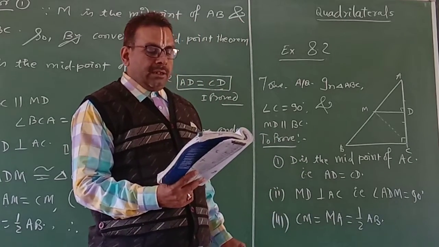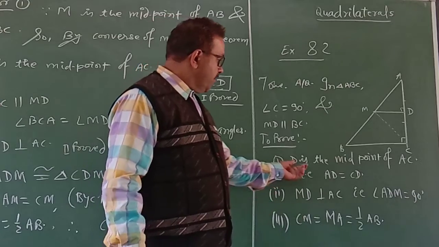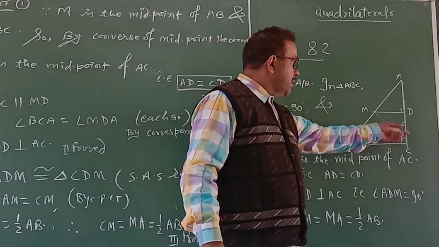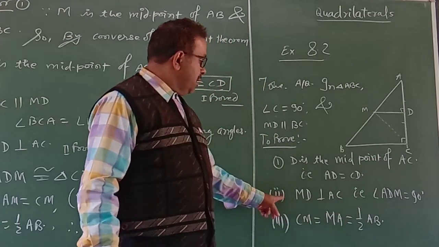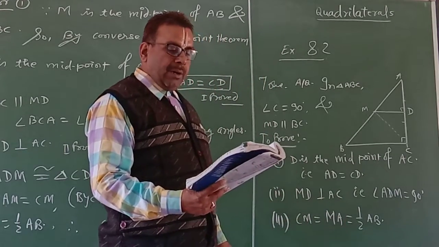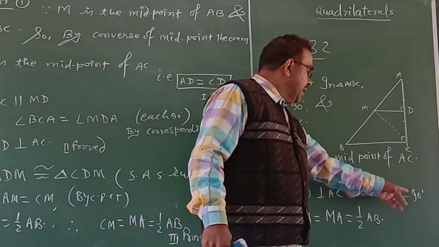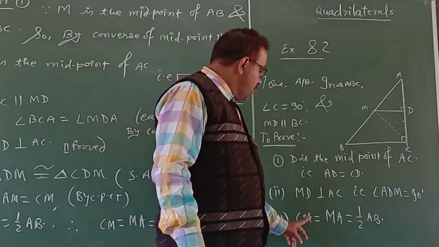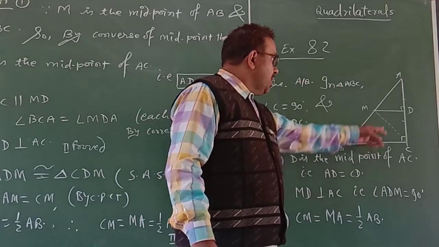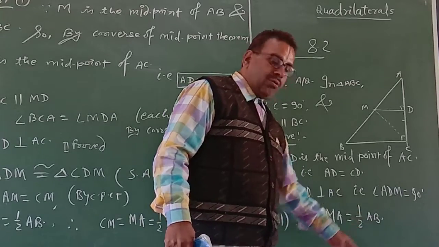Already these are given and we need to prove first D is the midpoint of AC. It means AD equal to CD, and in second MD perpendicular AC, that is angle ADM is 90 degree, and in third case we need to prove CM is equal to AM. It means MA is equal to half AB.